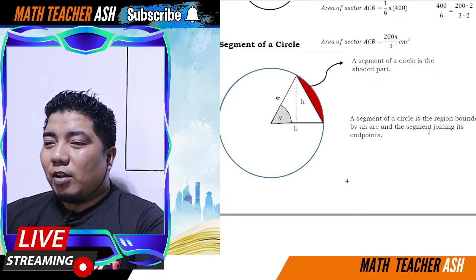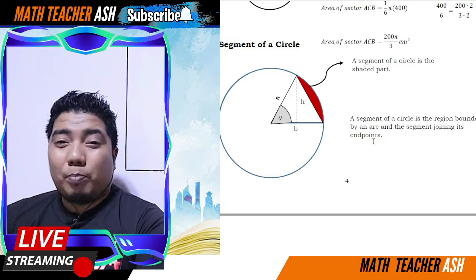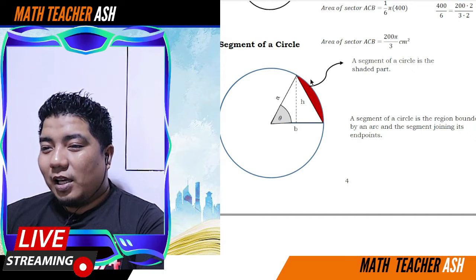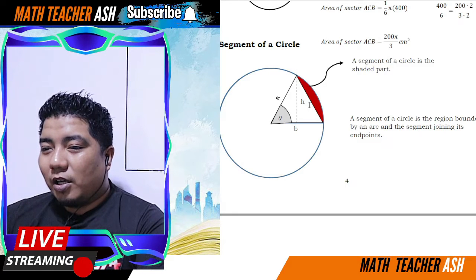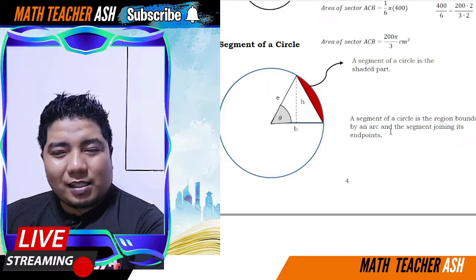It is the region bounded by an arc and the segment joining its endpoints. So, this is the arc and then kung ano yung endpoints ng arc na yun, yun yung segment of a circle. I hope that is clear to you.